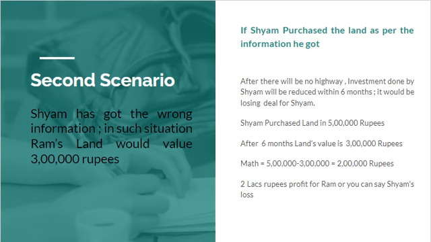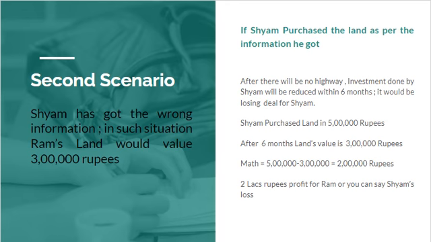So the price was initially 5 lakh rupees. In panic, that means this land is not going to be the one which is nearby the highway, so it got devalued. The valuation has gone below that.